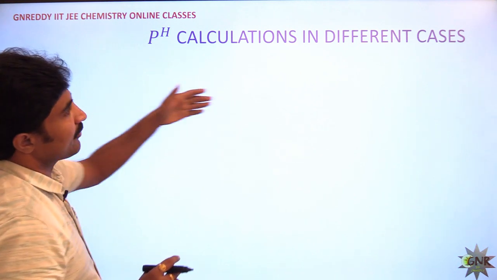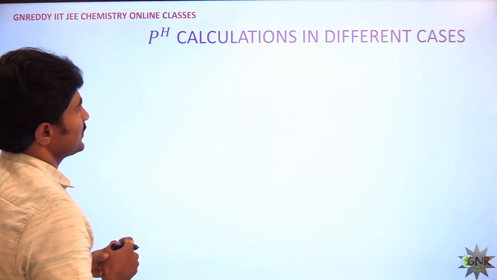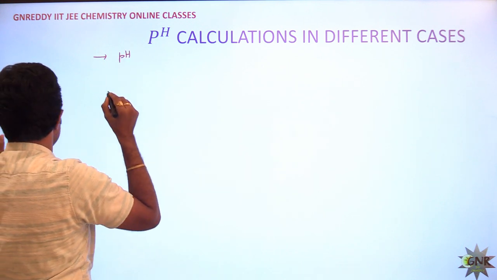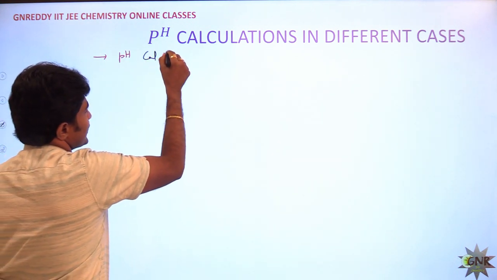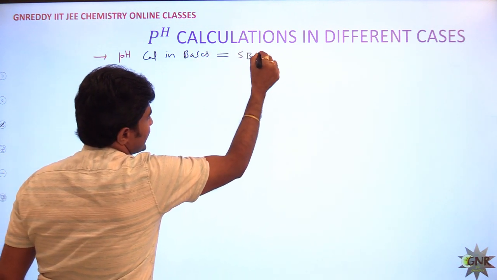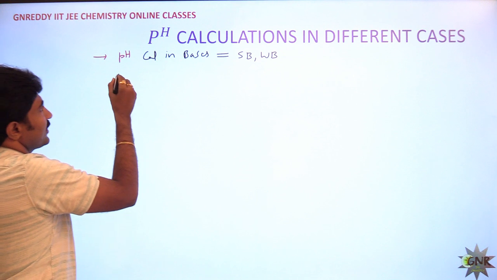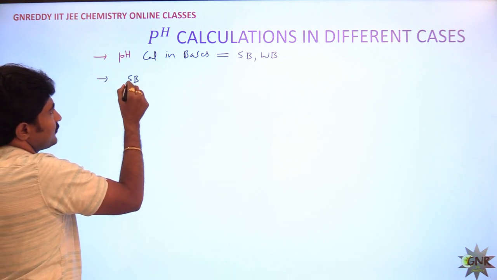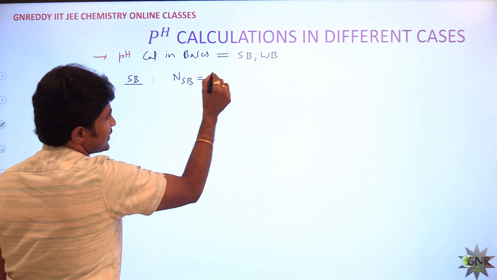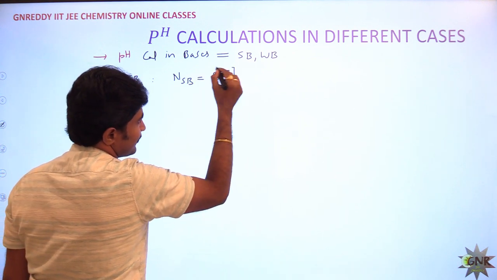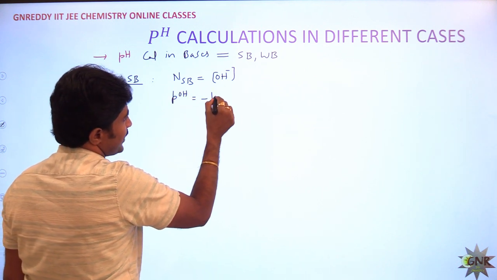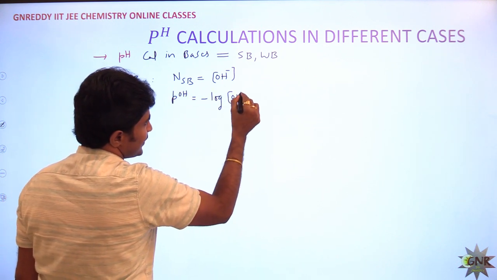Okay. Similarly, if you look at the bases, there are different cases: pH calculations in bases. I already mentioned that bases are strong bases and weak bases. If you look at a strong base, the normality of the strong base represents the OH minus concentration of that solution. From this we can write pOH. What is the pOH? Minus log of OH minus concentration.